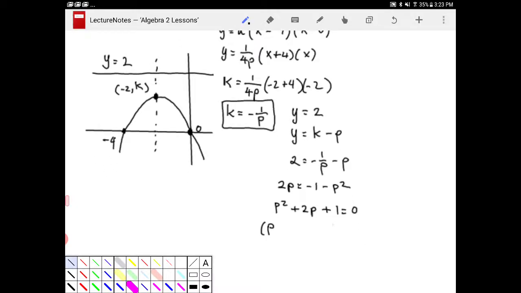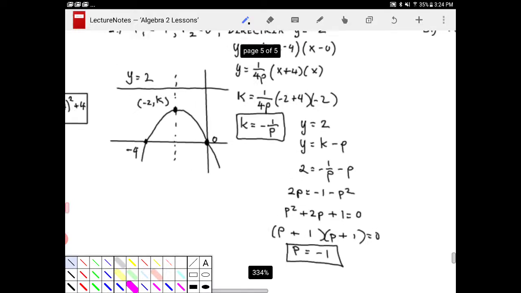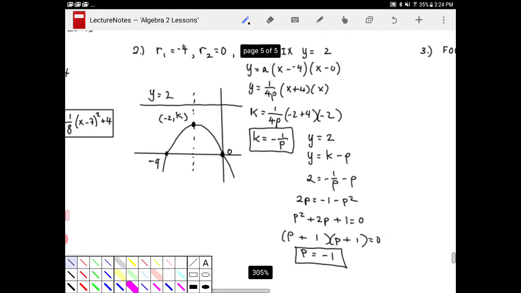At the end here, this thing is factorable. p plus 1 times p plus 1 is equal to 0, so therefore p must equal -1. So because p is equal to -1, I have everything. The equation, therefore, is y is equal to 1 over 4p, right? So it's -1/4 times x plus 4 times x. This is the solution.